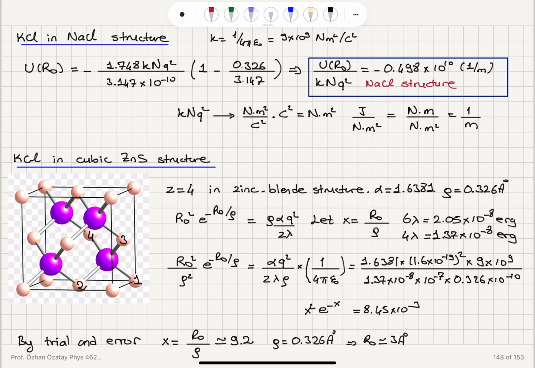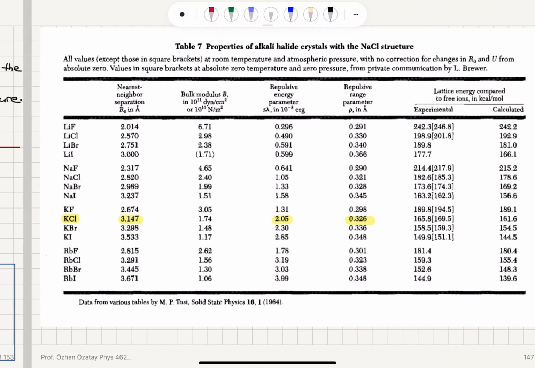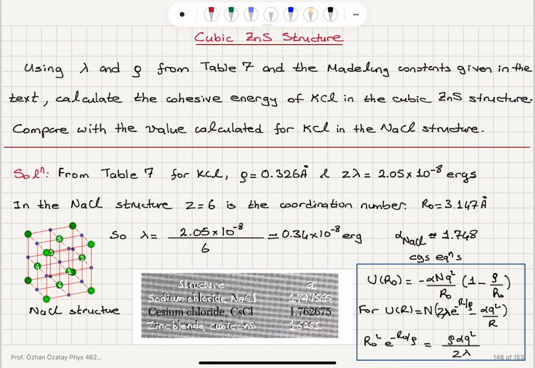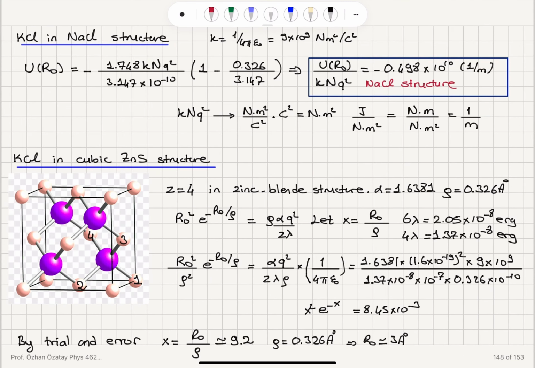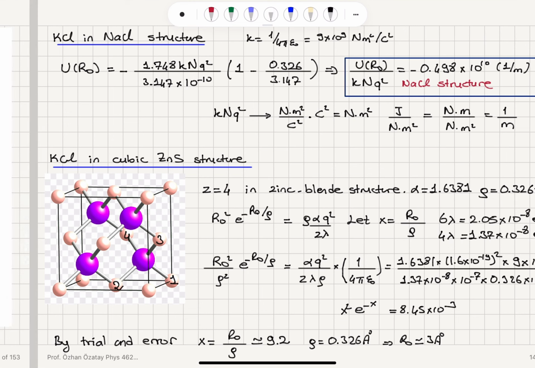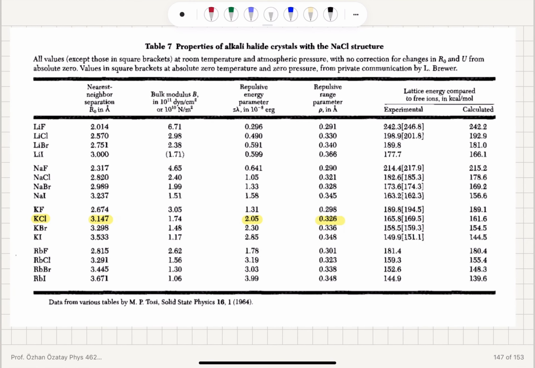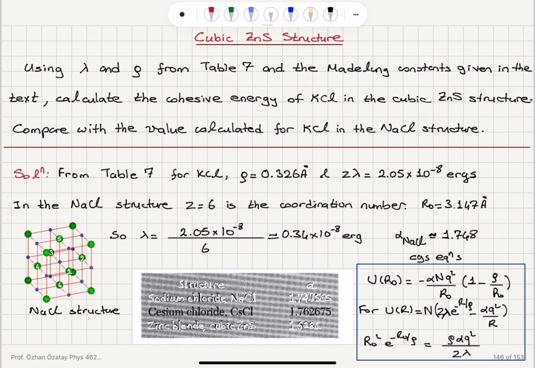We have to do the same calculation in the zinc sulfide structure, cubic zinc sulfide structure or zinc blende structure. We know the alpha value, it is given in the text. We know the rho value, which is basically the repulsive range parameter, the same parameter we use in the sodium chloride structure.